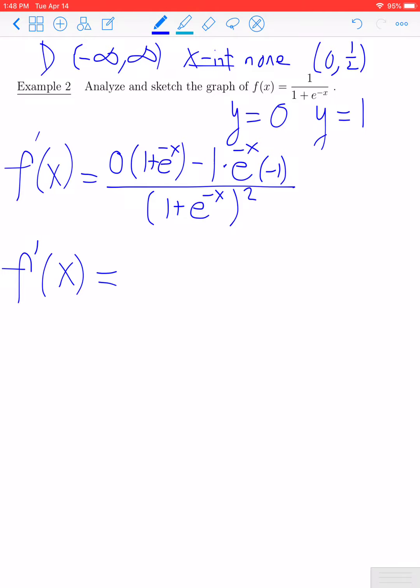Just simplify a little bit, clean it up. We get that this term is 0. The negative will make a positive e to the negative x, all divided by 1 plus e to the negative x, squared.